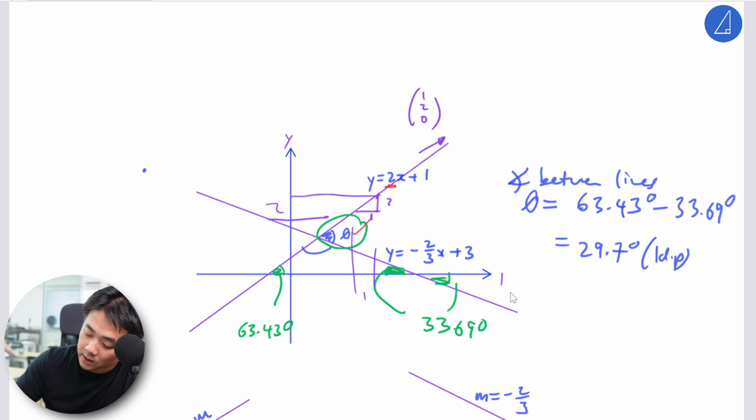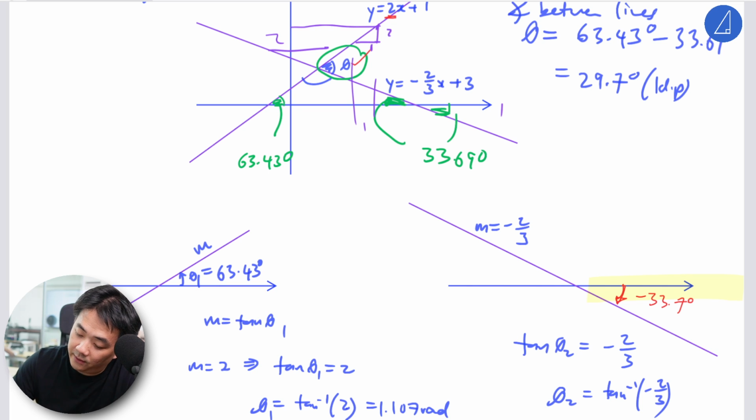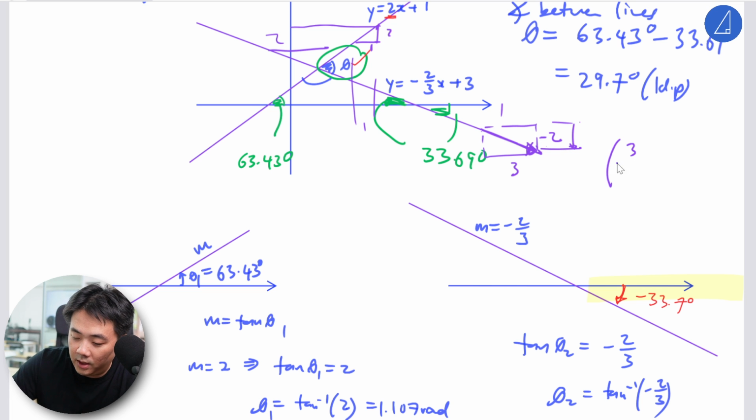Then for this guy here, if you're going down in this direction, the rise over run: the rise is 2, and the run you can let it be minus 2, so essentially you're going down. So this one you can let it be (-2, 3, 0).